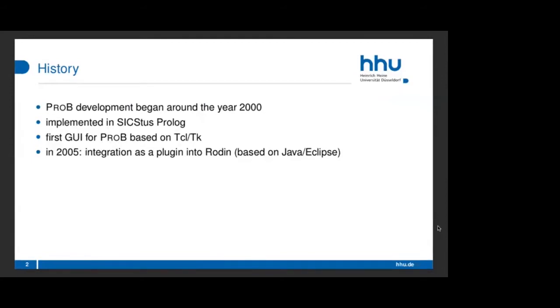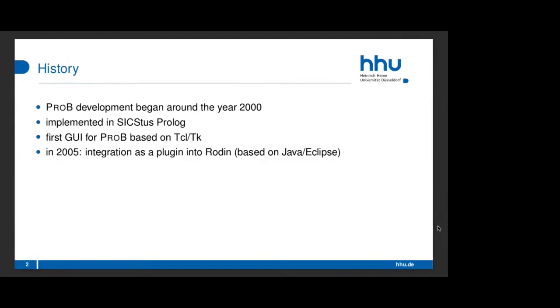Shortly after ProB development started, around the year 2000, we also started developing the first user interface for ProB, which is based on the Tcl/Tk toolkit. We chose Tcl/Tk mostly because of its good integration with SICStus Prolog, which is the language runtime that ProB is implemented in. This Tcl/Tk-based user interface is still in use today.